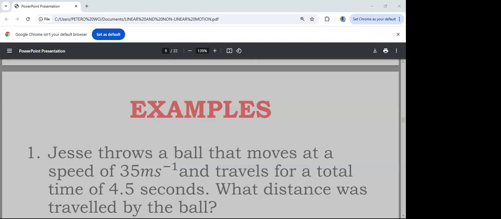So we are going to look at what we have on the share. We have a white screen, and that screen is where we are going to write our answer.